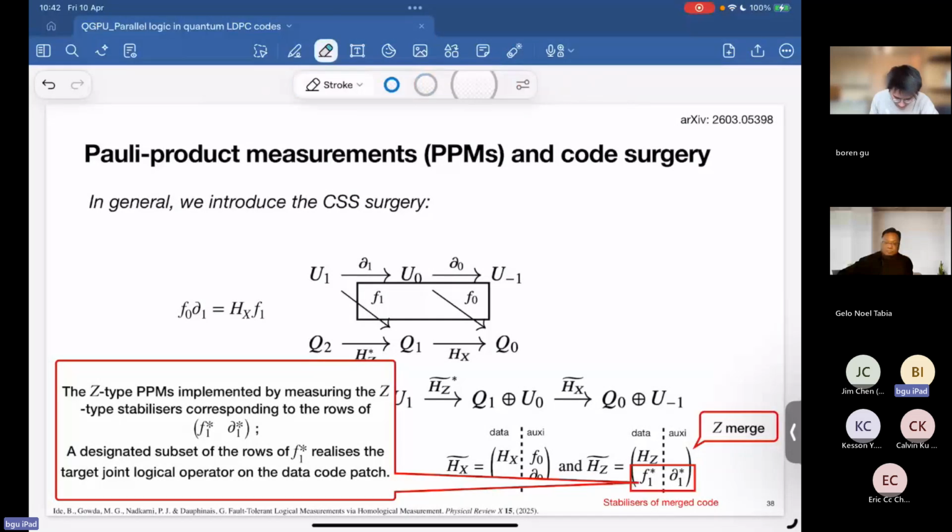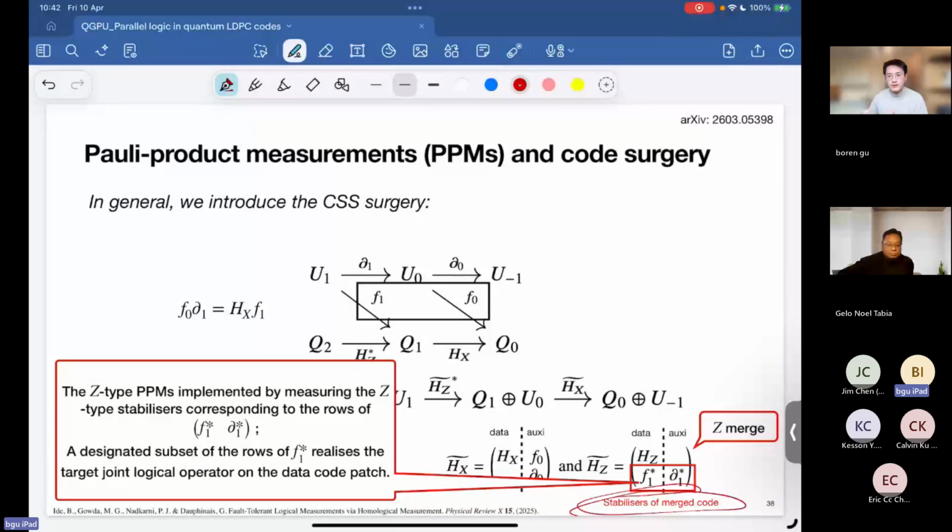So what we are measuring here is the stabilizer of this merged code, this whole system, and these extra rows which are introduced by the connection map, and the original checks of the auxiliary system.